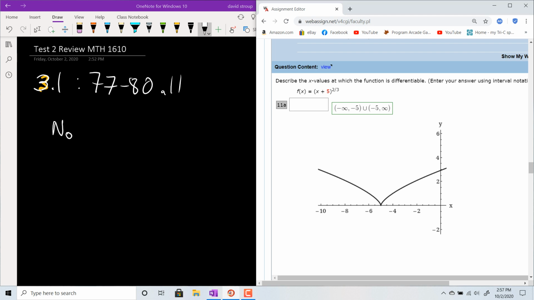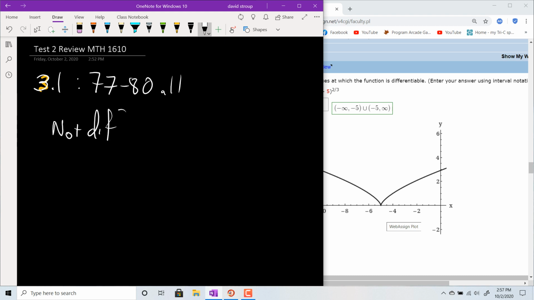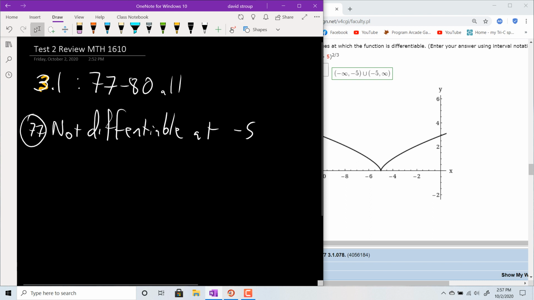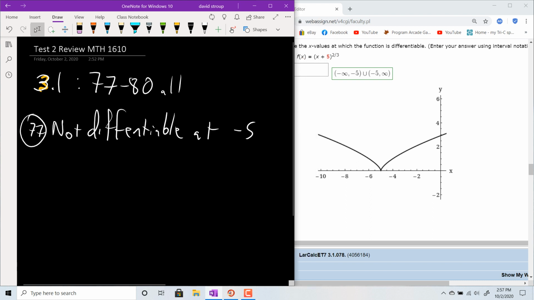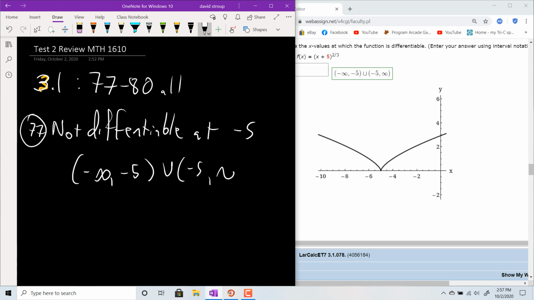There's this corner right here at -5. So this is problem 77, not differentiable at -5. They want you to write where it is differentiable in interval notation: -infinity to -5, union with -5 to infinity.